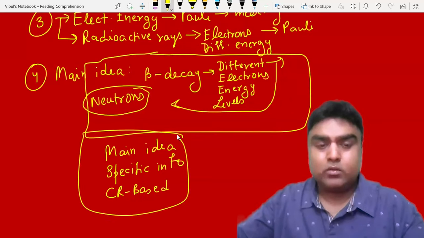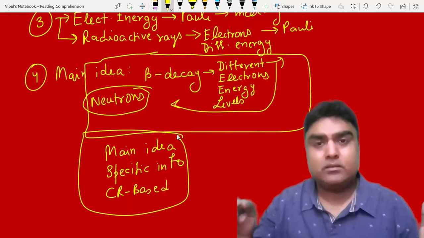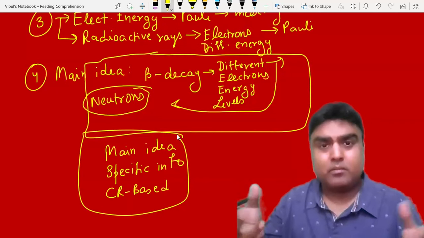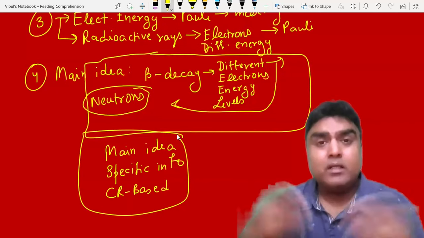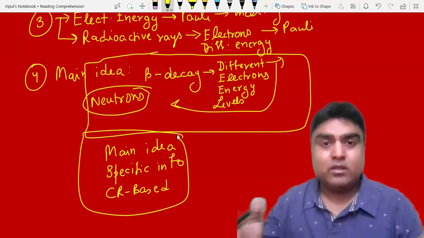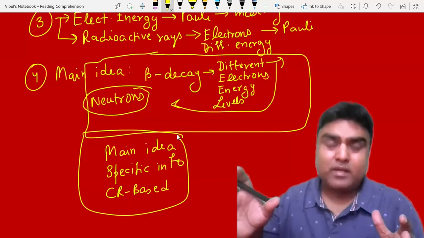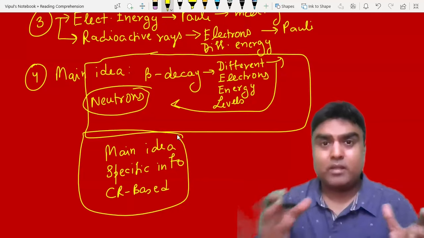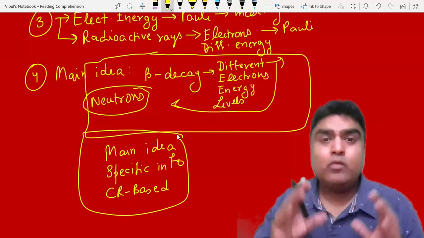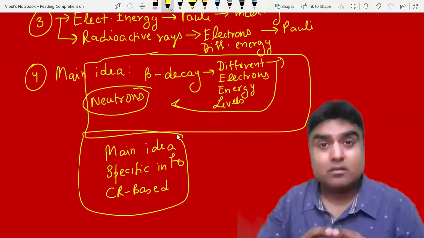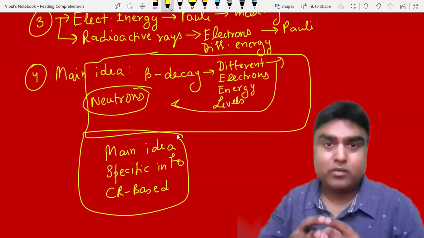But whatever the question, actually everything relies on the same basis, the understanding part. If you don't understand, you won't be able to answer any question. So if you're able to understand the passage in one reading, and if you're able to come up with the main idea of the total passage in one reading, you would have a very high accuracy in marking the answers. So that is the point I was trying to raise.